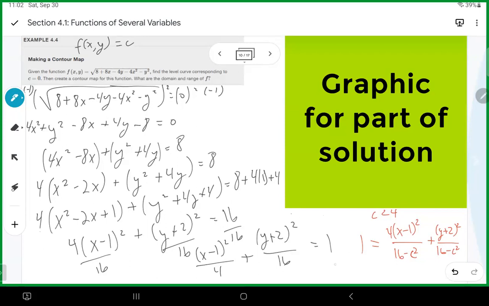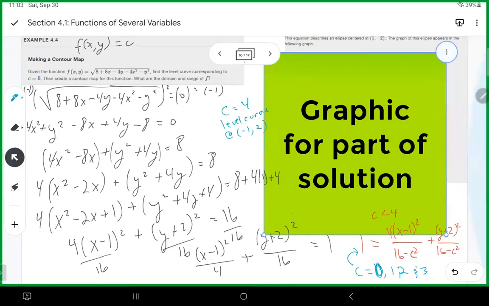We use this when we have c equal to 0, 1, 2, and 3. When c equals 4, the level curve is a point. I'll just put it up here. C equals 4, we have a level curve at -1, 2. Okay, which makes sense if you look at the equation.